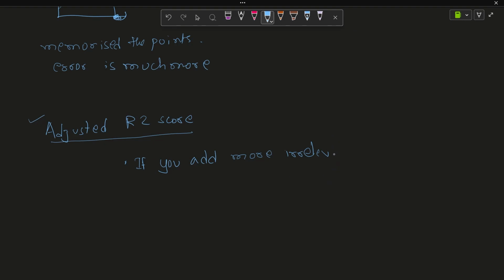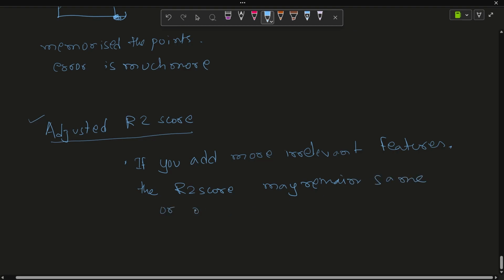If you add more irrelevant features, the R2 score may remain the same, or may decrease, or may increase. It should have decreased, but it is increasing.